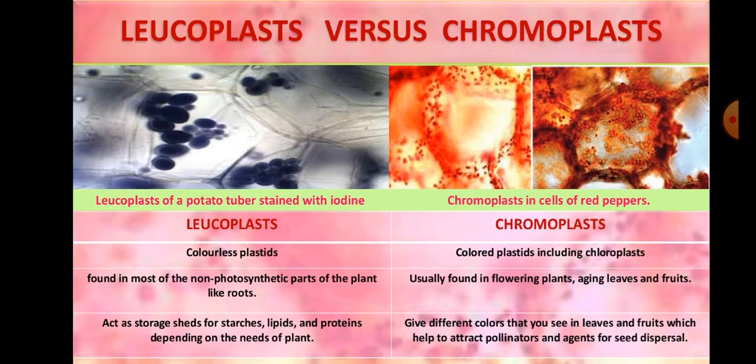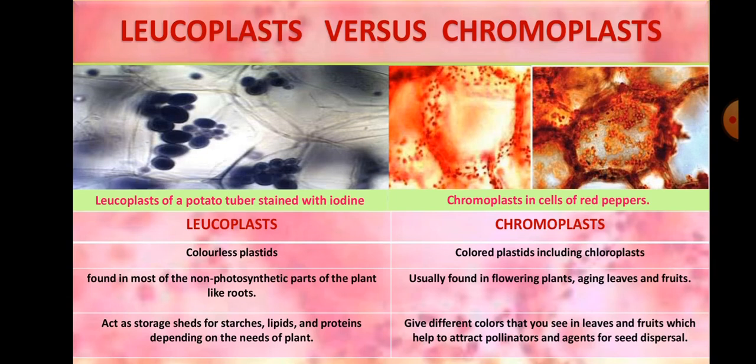Moving on to the comparison between leucoplast and chromoplast. First of all, look at the pictures. The first picture is that of a leucoplast of a potato tuber after they have been stained using iodine. And now you know that iodine, when it is put in a starch solution, turns it a bluish or blackish blue color.